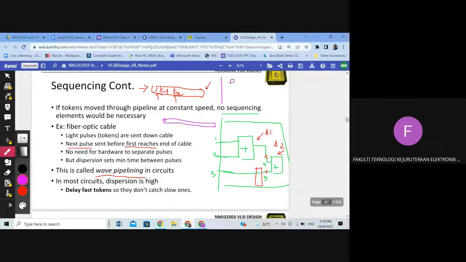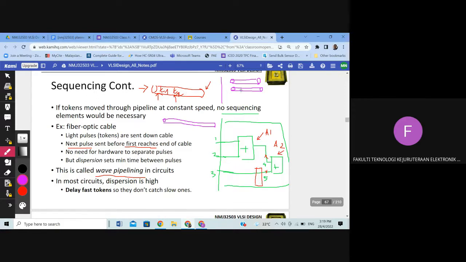So for example, we have two fiber optic cables here, and here we have only one. In the concept of pipeline, we share the same fiber optic cable, only one, but we transfer one after another after a period of time. After a certain amount of time, we transfer the second, also the third, and so on.